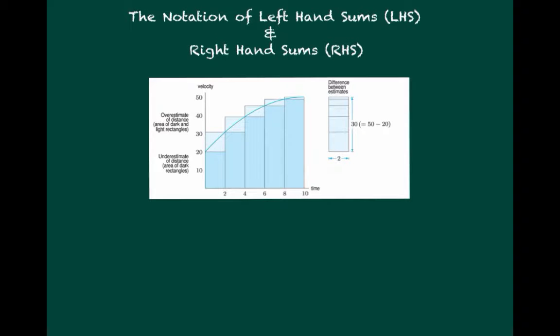In the last video we looked at velocity data that was measured over 2-second intervals, and we used that velocity data in order to figure out the distance traveled by a car over 10 seconds. So we took the velocity measured every 2 seconds.